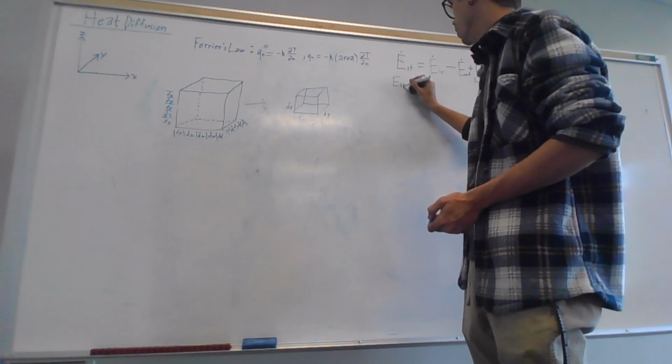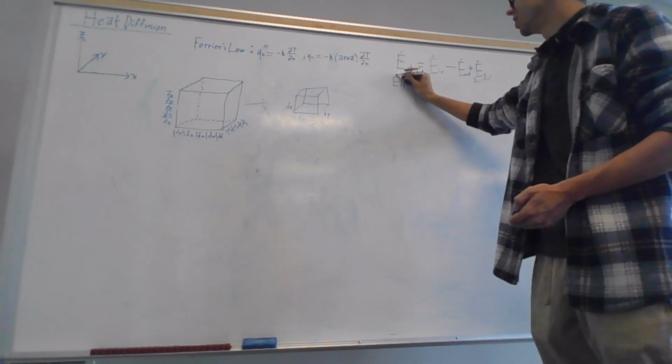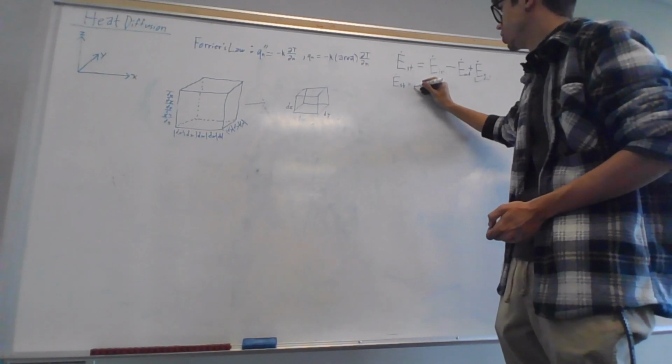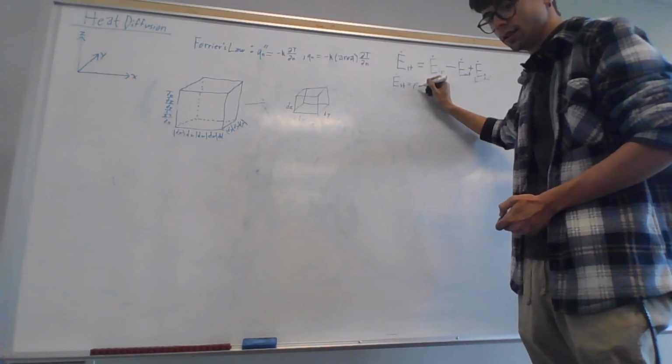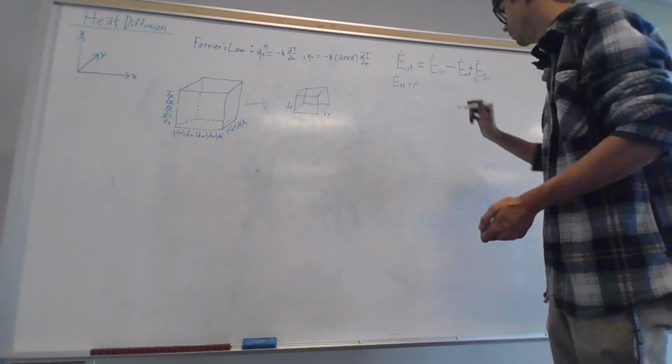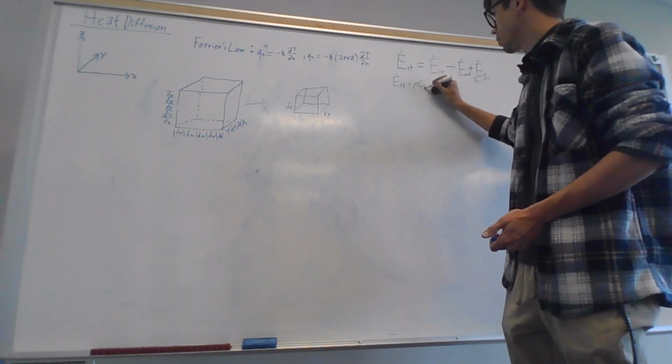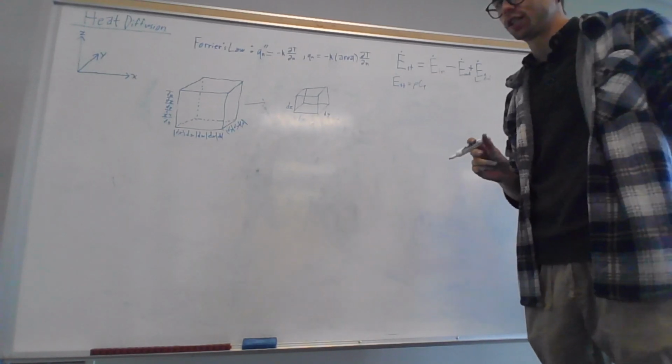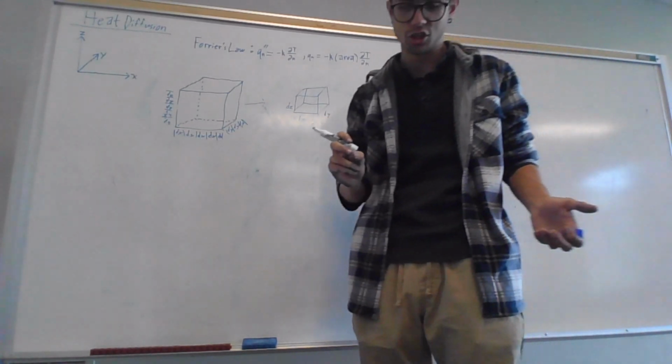I'm going to write energy stored as a function of density, so how much mass is there in a volume, times specific heat capacity, how much energy that volume can actually store.